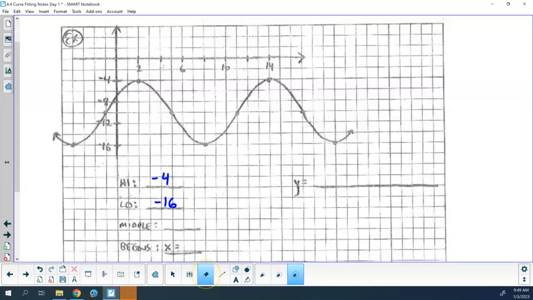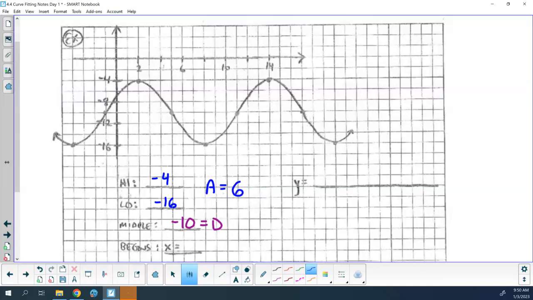Change it, get it in the right column. If my middle is at -10, what's my amplitude? 6, right? Because that's the distance from my middle to my top, and middle to my low. So that would be my A value then, 6.